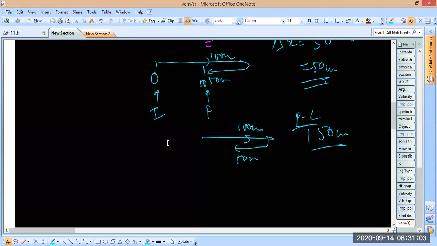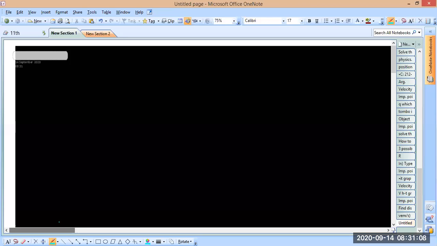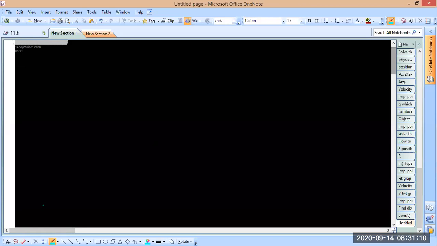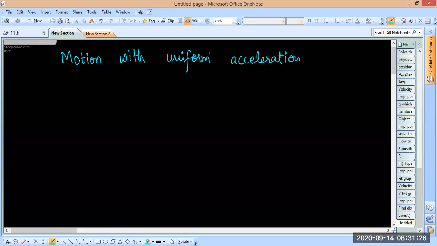Now let's go to one very special, very common and very important case of this chapter, and that is motion with uniform acceleration, or you could also say uniformly accelerated motion.